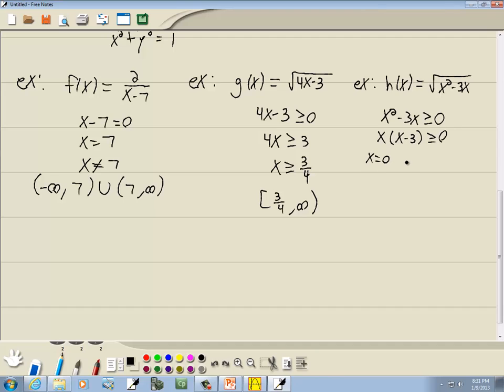So we'll set the x equal to 0, and we'll set the x minus 3 equal to 0. So we've got 0, and we've got 3. So here would be 0, and here would be 3. Our graph would look like this.